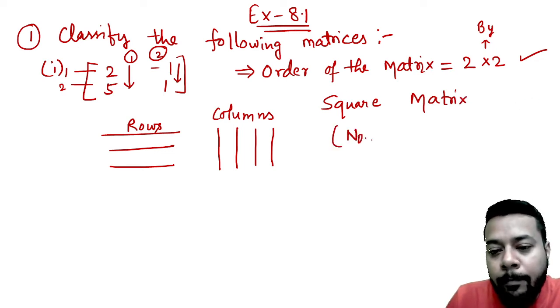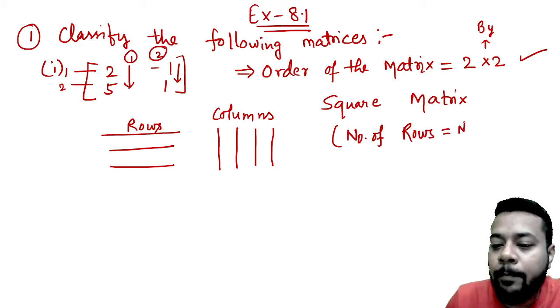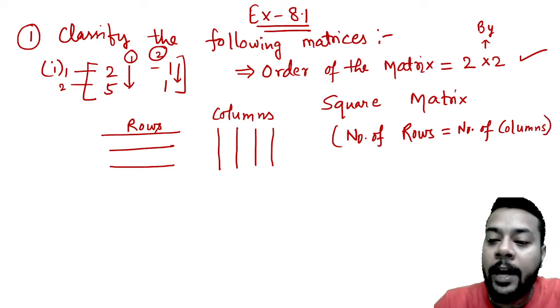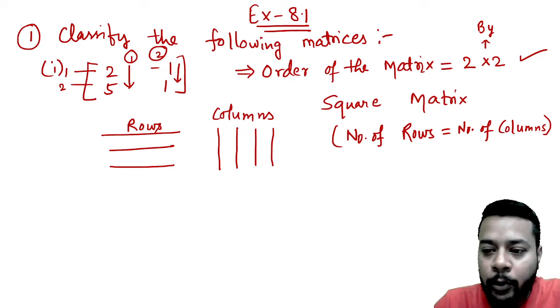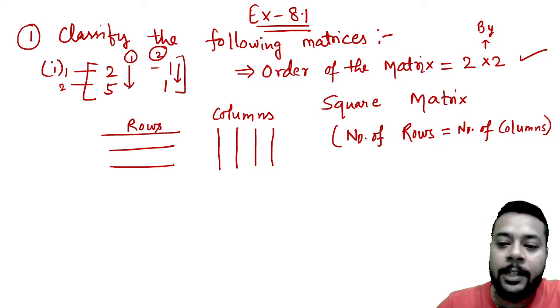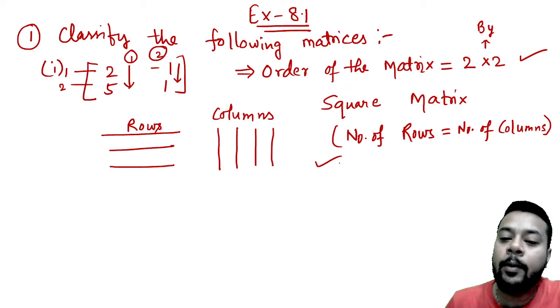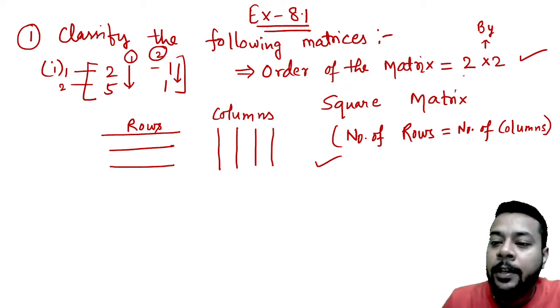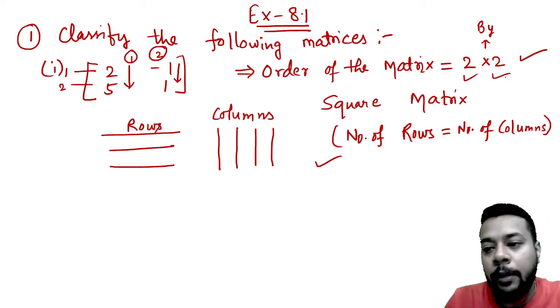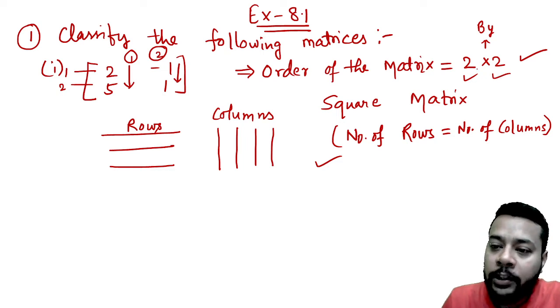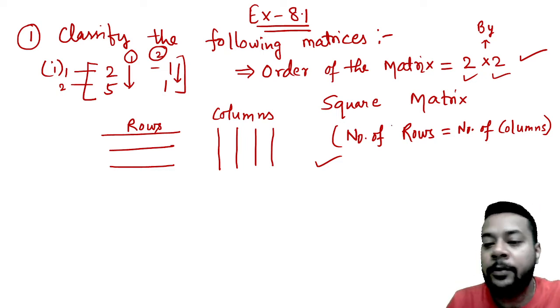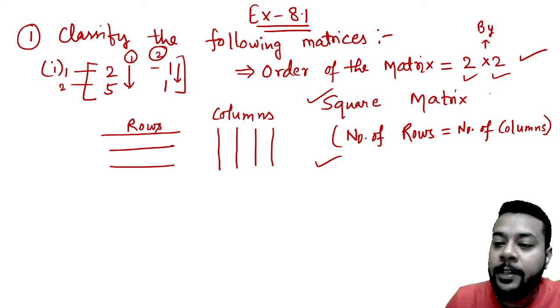When the number of rows is equal to the number of columns, such type of matrix are known as square matrix. Remember. So here the number of rows was 2, the number of columns was also 2. When both the values are the same, such type of matrix are known as square matrix. This is our answer here.